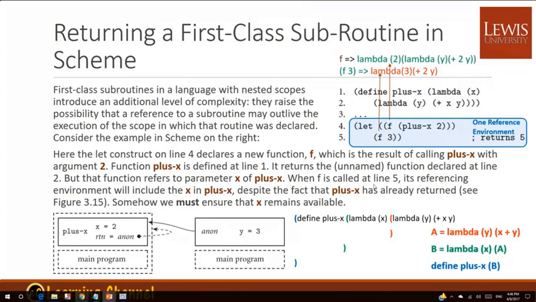When f is called at line 5, the referencing environment will include x in plus x, so that x in plus x can still be used here because they are sharing the same environment, even though plus x had already returned, and so somehow we must ensure x remains available. And actually this is some sort of side effect, but that is how Scheme works.